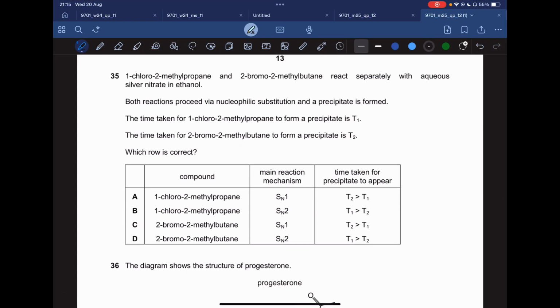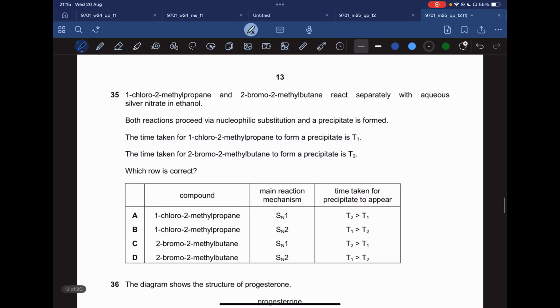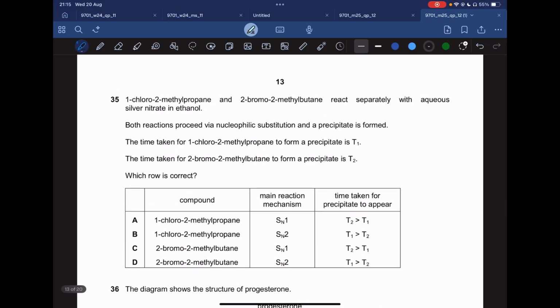Okay, 1-chloro-2-methylpropane and 2-bromo-2-methylpropane react separately with aqueous silver nitrate. They give you the time to form the precipitate for chlorine and the time for bromine. So here what you need to decide is the two mechanisms.